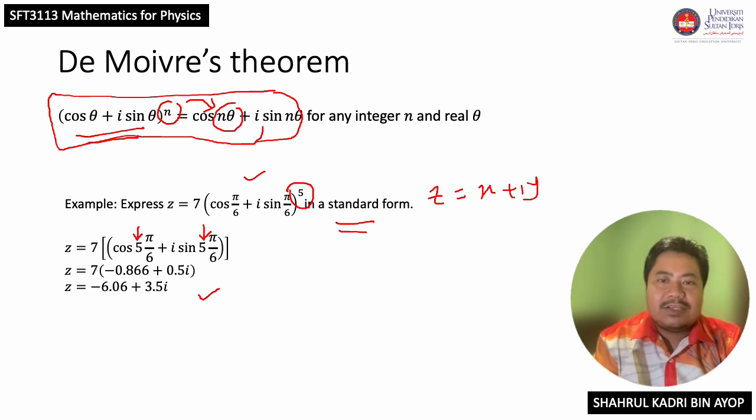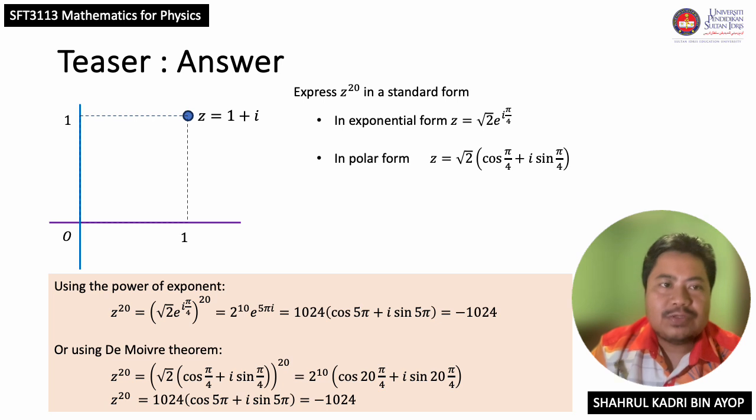So when we return to the question given at the beginning of this lesson, there are two ways, or more than that actually, that you can solve this problem. The first one is to express the equation in exponential form, which was already calculated in the previous lesson.